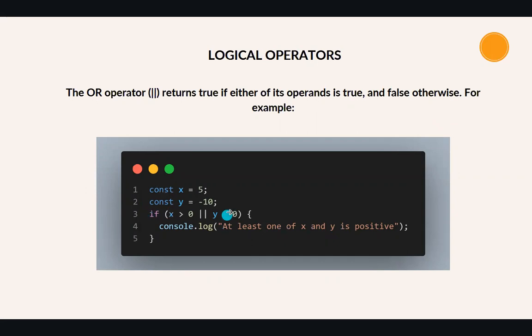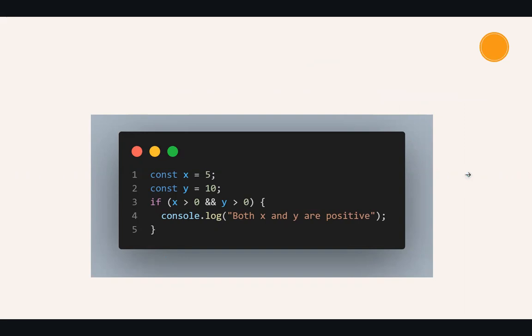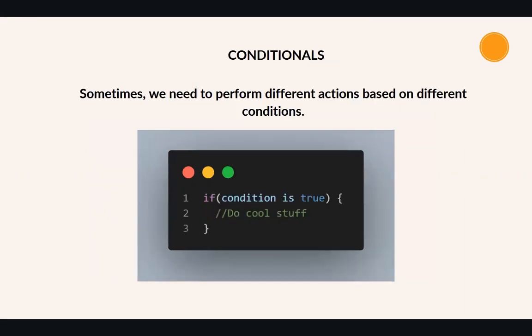So either this or this is true, it will still return true. But for and, both of the conditions have to be true. So if this is true and this is false, it won't run the if block. It will return false, so it will run the else block. Both of them have to be true when we use and, before we run the condition for when it's true. Okay. Any questions?